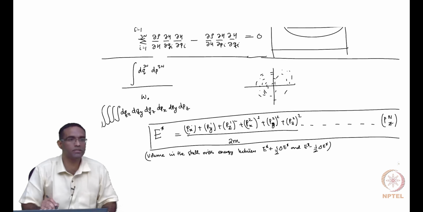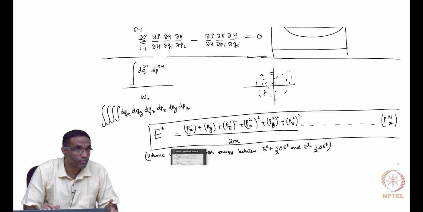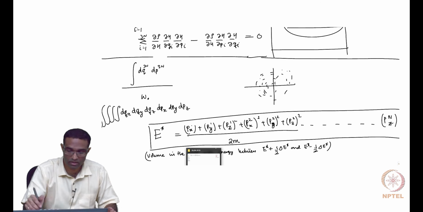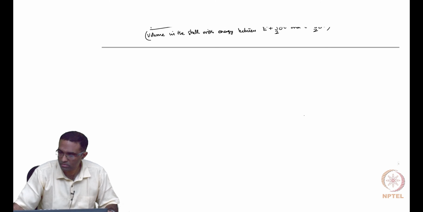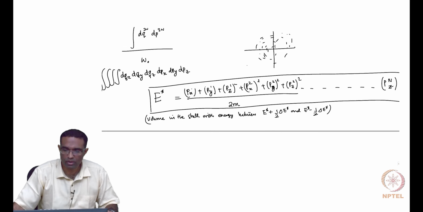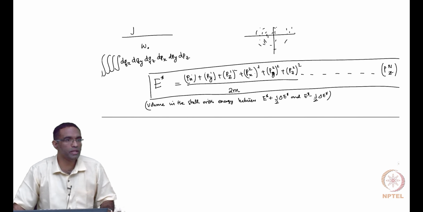We did this analysis in great detail when we were looking at the quantum mechanical system, right? So this exercise you should be able to do. Okay, so this is not a very complicated thing. You can easily do it.